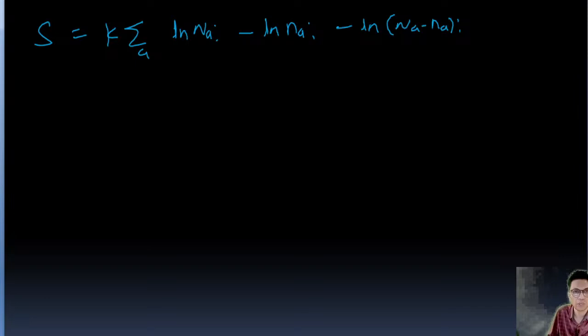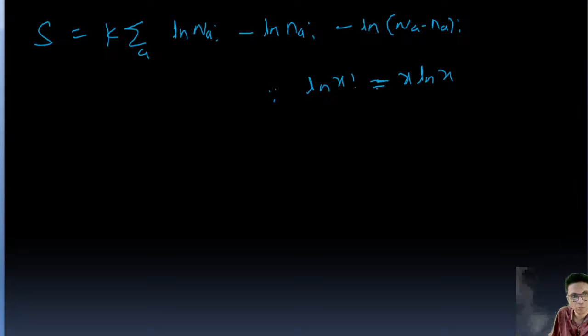Now we will use Stirling formula, right? We know the approximate formula that ln x factorial is approximately equal to x ln x. This we know, we'll use it.